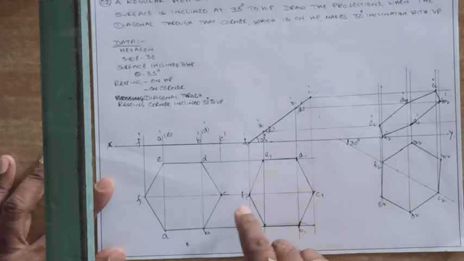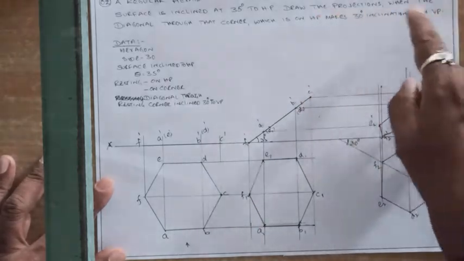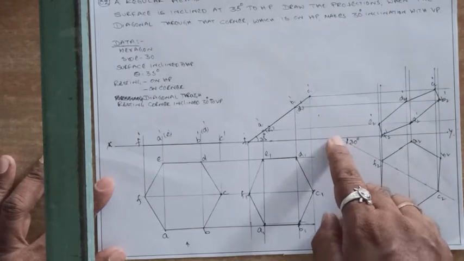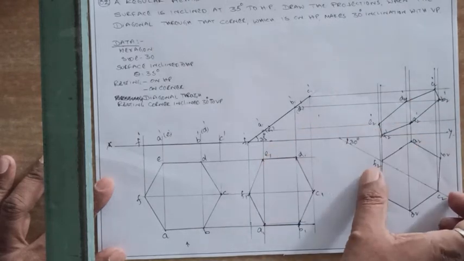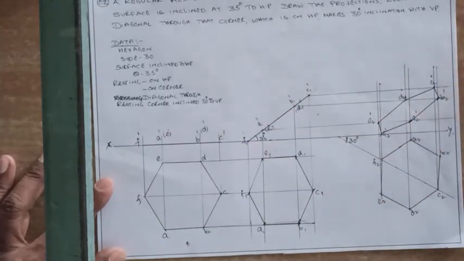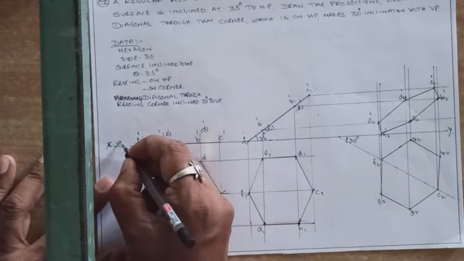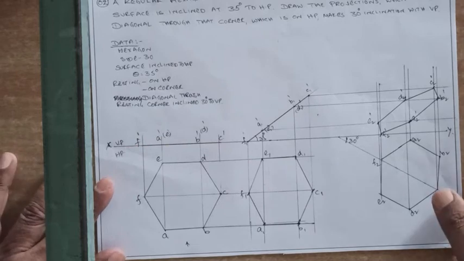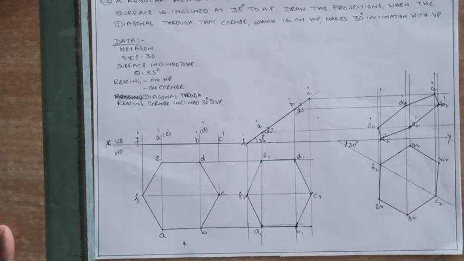Then the condition is given that the diagonal is making 30 degrees inclination with VP. You have transferred the figure here, you have marked the points, then vertical projections, horizontal projections, like that you have to obtain the views. So VP and HP, like this. I hope you have understood this also.